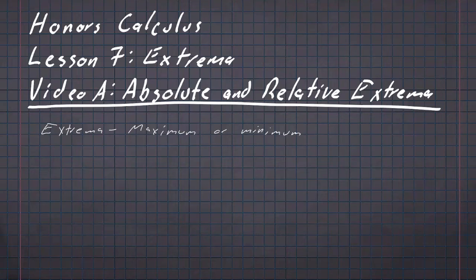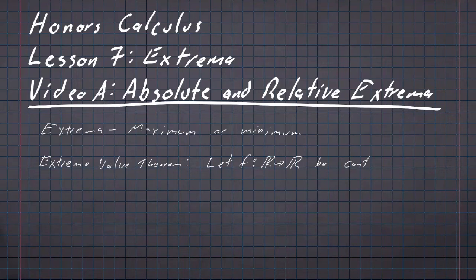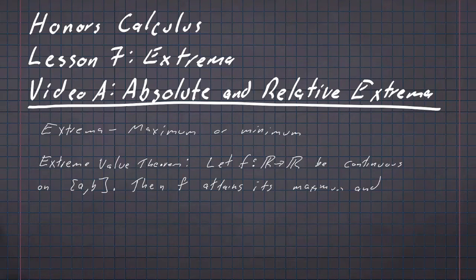And then the extreme value theorem tells us that if we have some function f which is continuous on a closed interval from A to B, then f attains its maximum and minimum on that interval.